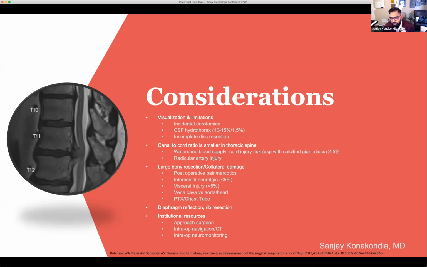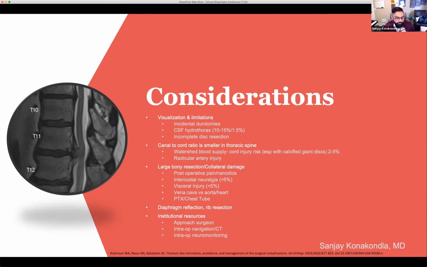So when we're considering these types of procedures, we have to think about what visualization we're going to have, what limitations we're going to have, what issues we're hoping to avoid, what complications we may have, and how to fix those.